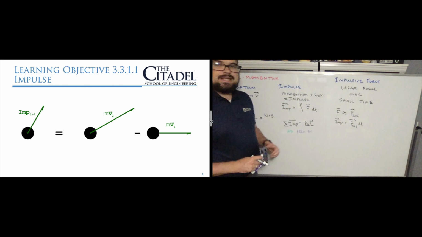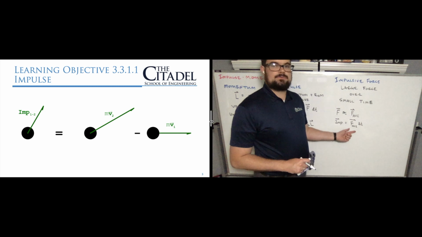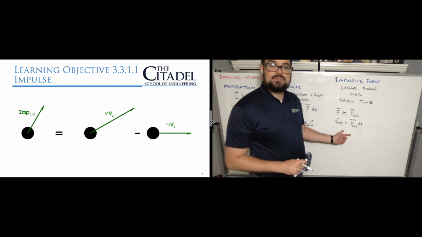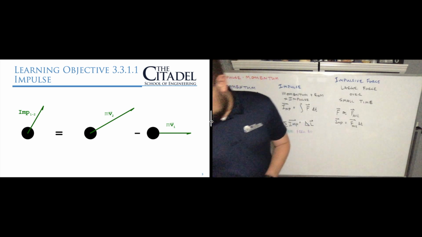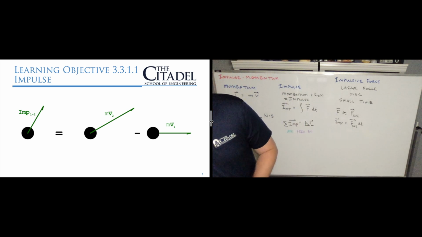And so anytime we have a relatively constant force or an average force, our impulse simplifies down to the force times the time. And this is a pretty easy equation to work with. And it turns out there's a lot of cool examples that we could talk about there.